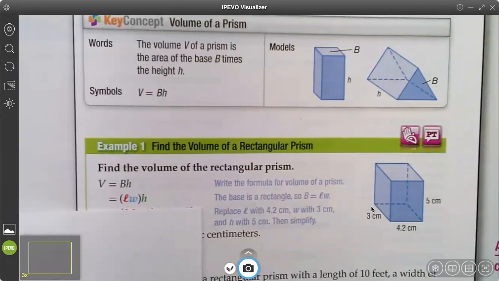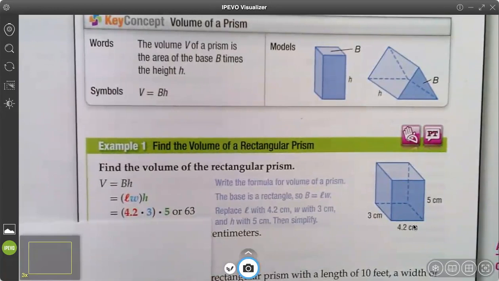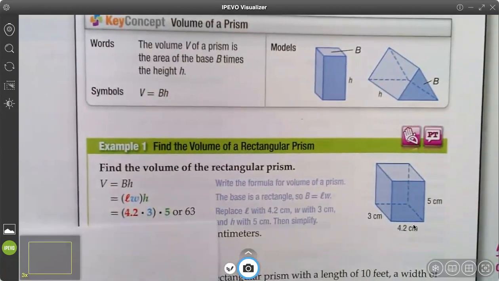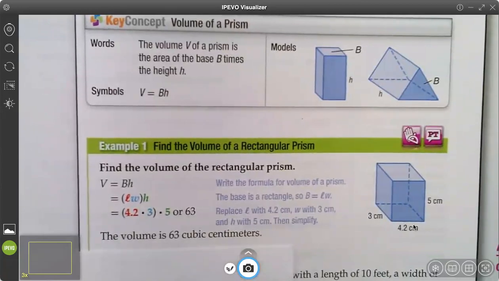Since in this picture it's sitting on the rectangle, which is 3 times 4.2, then I would probably say that is my base, but it really doesn't matter because you can multiply in any order you want. So the area of the base, in this case, is 3 times 4.2, which is 12.6. Then you multiply 12.6 times 5, and you get 63. The volume is 63 cubic centimeters.